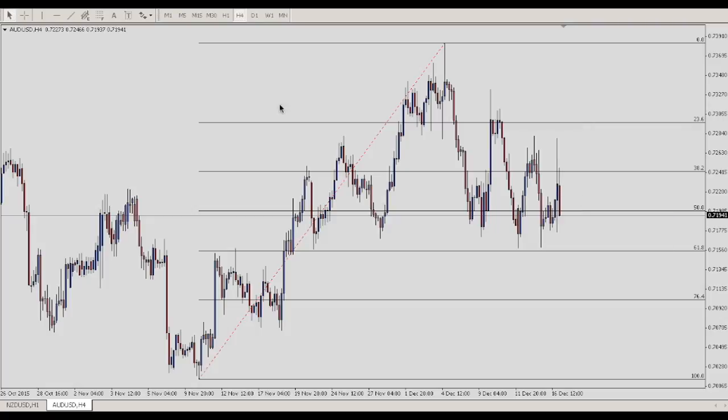Now what you can do with Fibonacci retracements is combine it with other strategies. In this case, let's do some trend line analysis. As you can see, this trend line is pretty strong. It's deflected about 4 candles from breaking it, so we know that this trend line is pretty powerful.